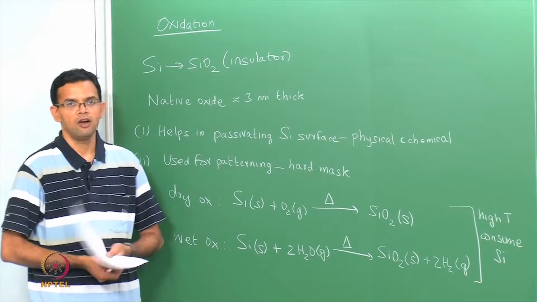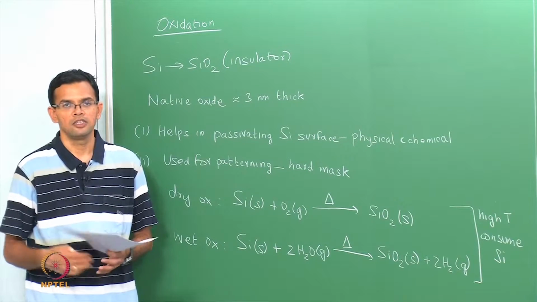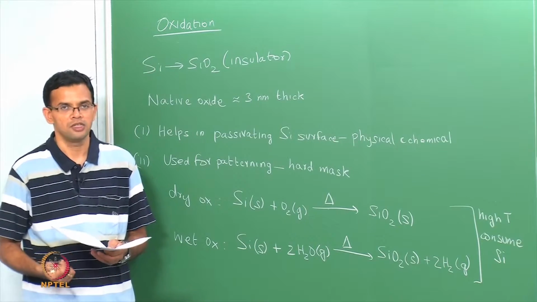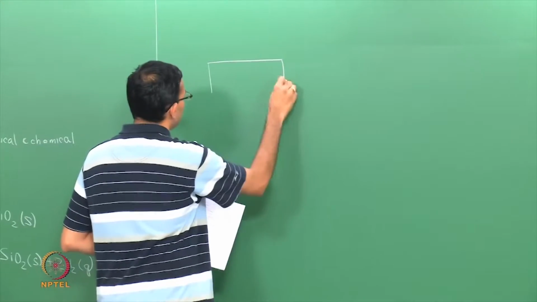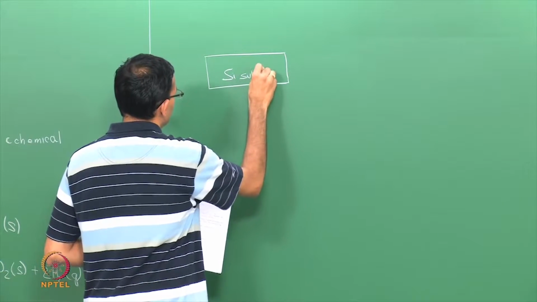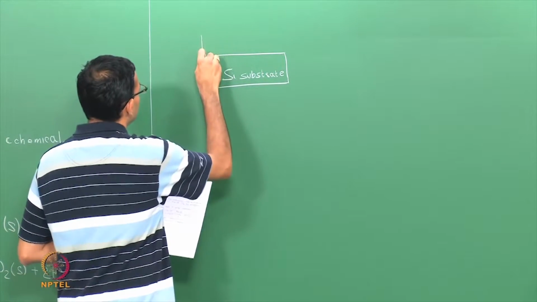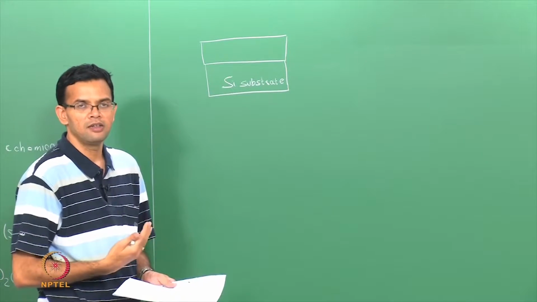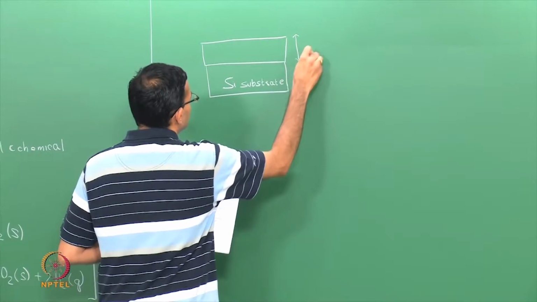Now, because silicon dioxide has a different density compared to that of silicon, there is always some volume expansion when we have an oxide layer forming on the surface. To look at that, consider a silicon substrate with an oxide layer on top. This oxide layer is a grown oxide, so that it has consumed some of the silicon. This is SiO2.